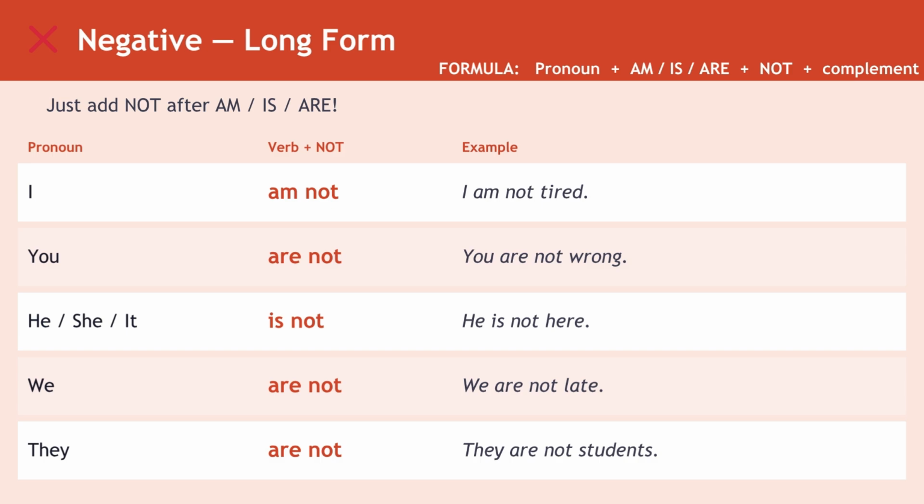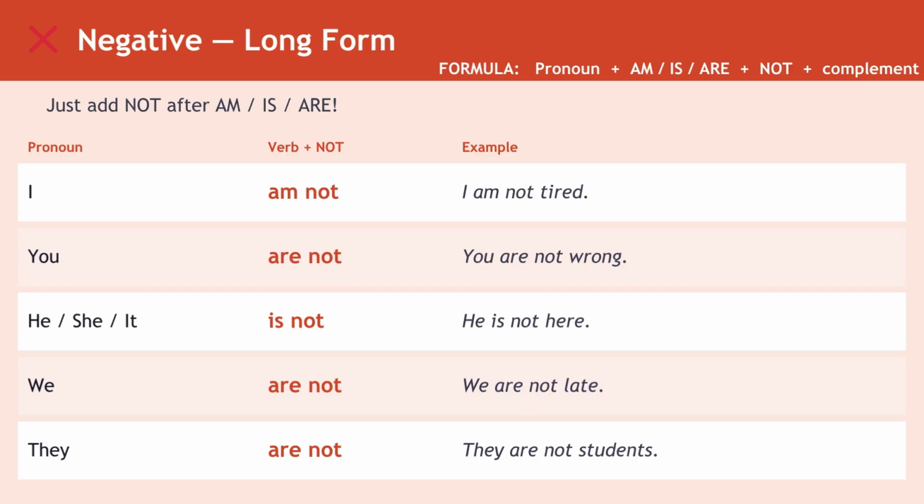Now the negative form. How do we say no with the verb to be? Easy. We add not. That's it. Look. I am not. I am not tired. You are not. You are not Ron. He is not.